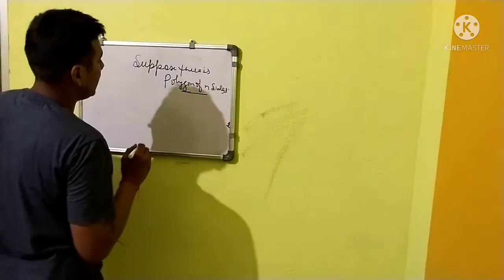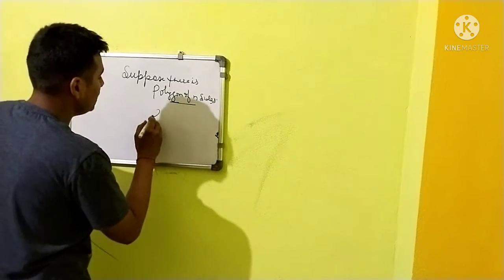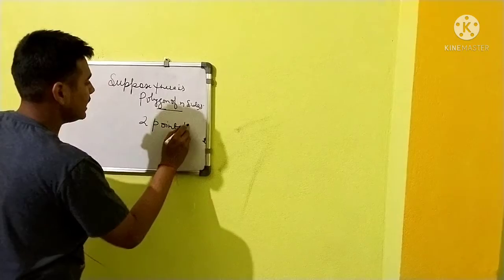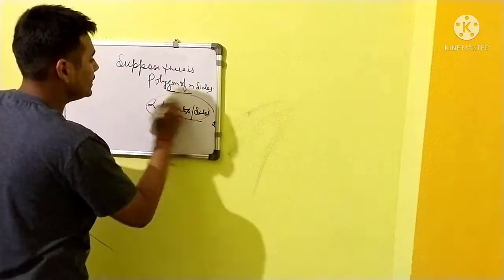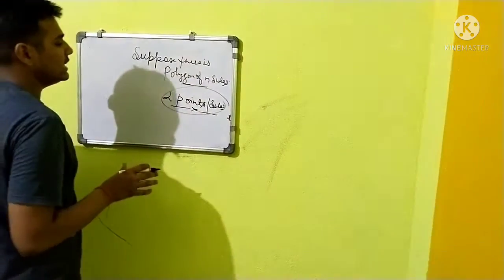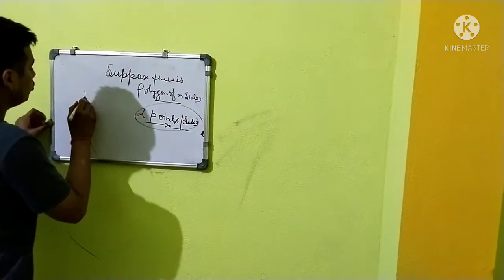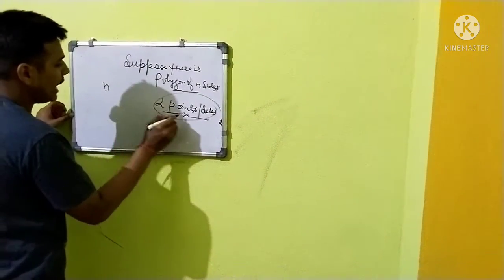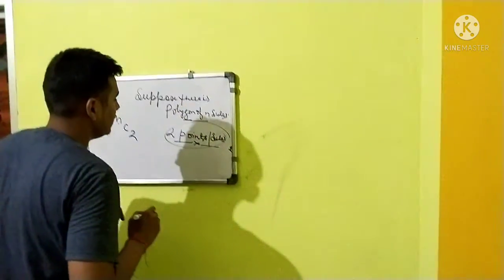We all know that for selecting a diagonal we need a minimum of 2 points. We need 2 points for selecting a diagonal in a polygon having n sides. So we have to select 2 items from n. Then we will apply the combination method.